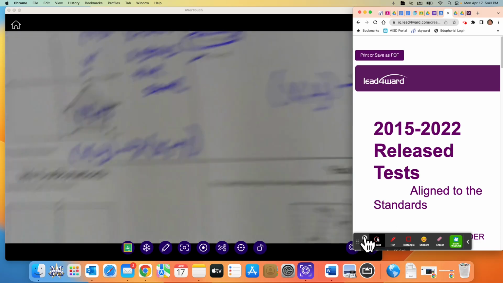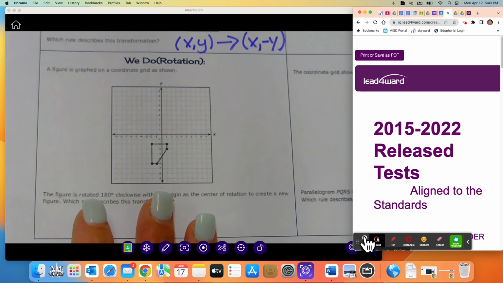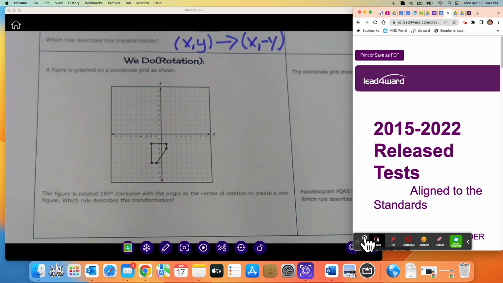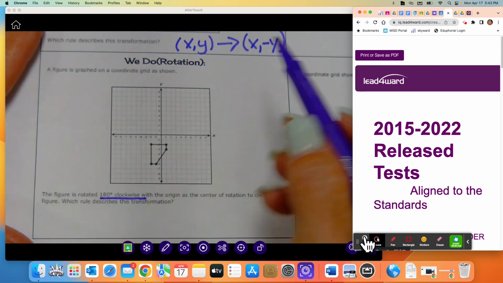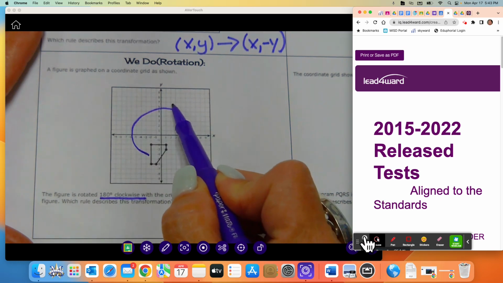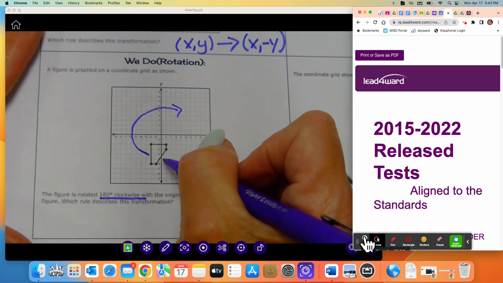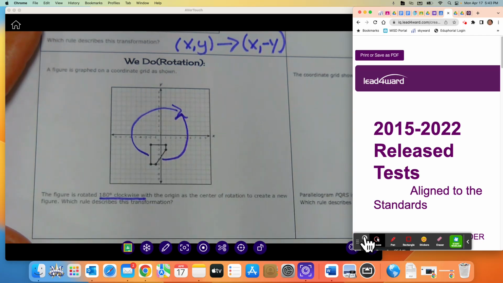Okay, now let's look at rotation. Okay, again, these are rules you have to memorize. So if it's 180 degrees clockwise, that means if this is going clockwise, it's going to end up this way, which is the same if we would go 180 degrees counterclockwise.